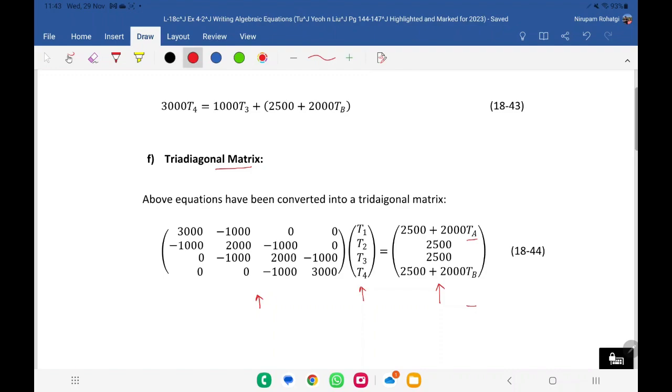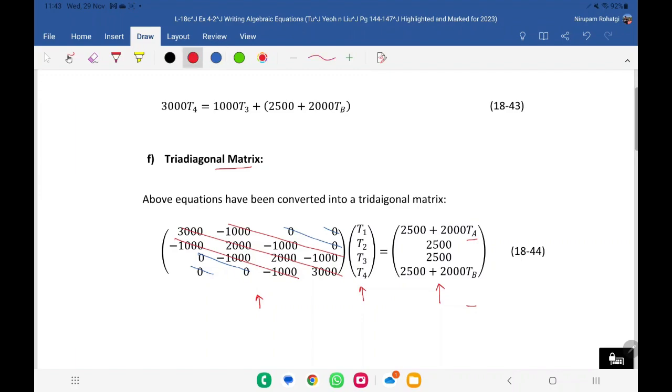The three diagonals are these. Of course, you have these diagonals also. So in total you have 3 plus 4, 7 diagonals. Okay, but other than the 3 central diagonals, all others are 0.